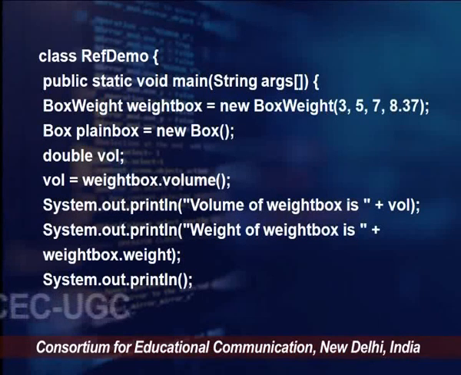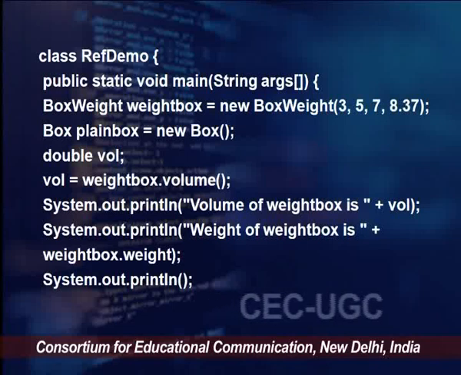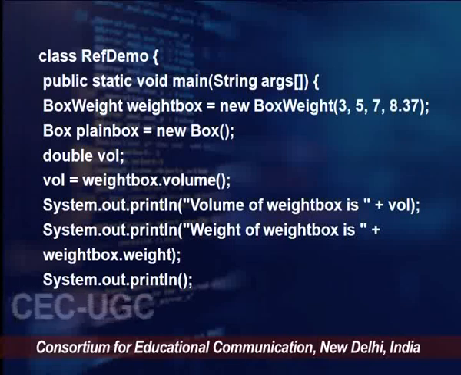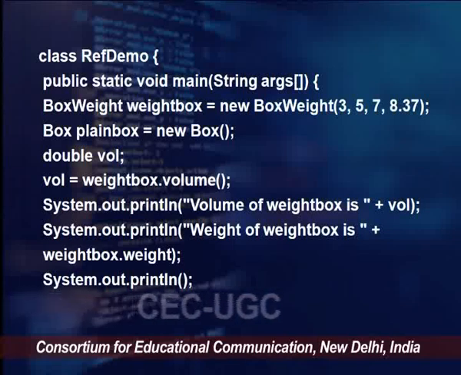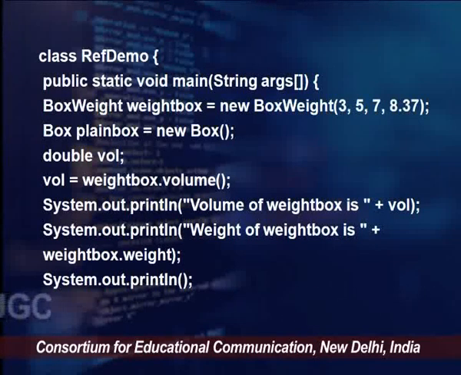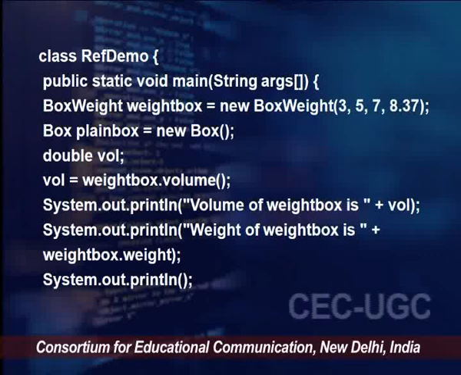So we can see this program as a whole: within the main function we have one weightbox object, which is an object of the subclass, and for the superclass we have plainbox, which is the reference variable. Then we have a volume variable in which the volume of the weightbox is assigned.